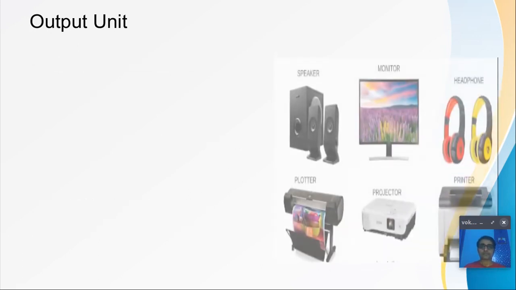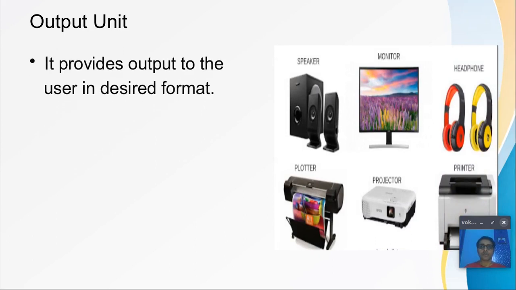Now next comes the output unit. Basically this unit provides the output in the desired format. In our example, the video which is displayed on the screen, that is the movie which is being played on the screen, is the desired output.